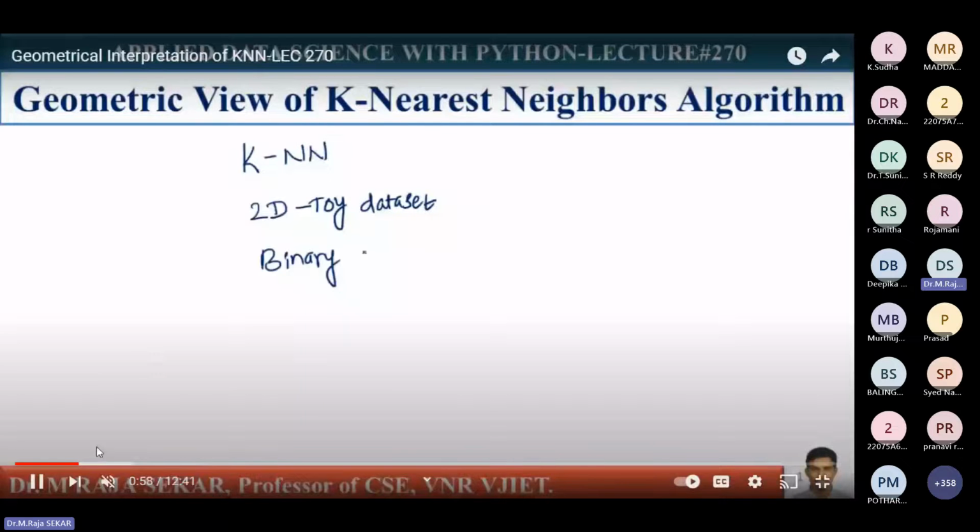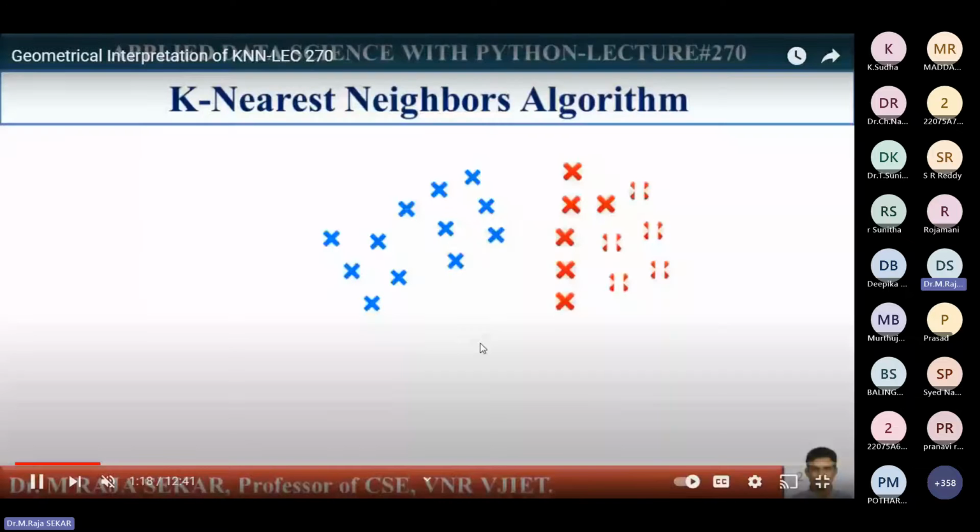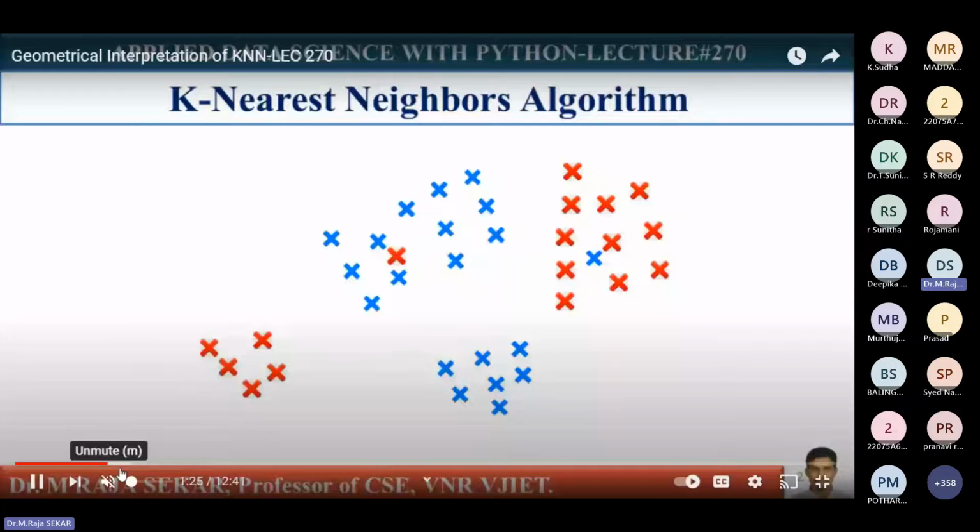Yes, here I have two types of data points. One is positive data points and another is negative data points. Here I have two colors. Let me assume my blue color is the positive data points and my red color is the negative data points. Maybe a better way of representing this is using a plus symbol and a minus symbol.